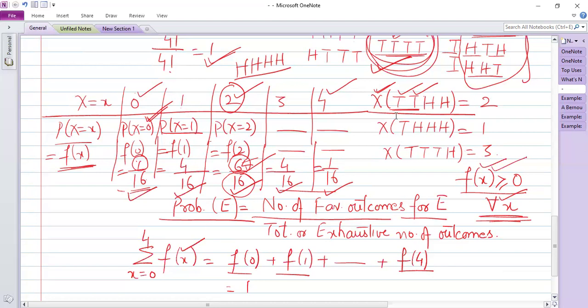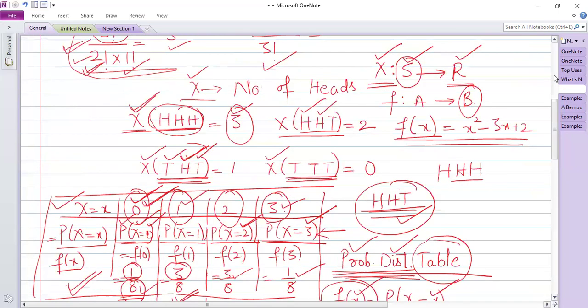The same two properties were there in the previous example also. Even there, f(x) was non-negative for all values of x. The summation of f(x) over the entire range, from x equals 0 to 3, here x is from 0 to 3, while in the second example it was x from 0 to 4, is also 1.